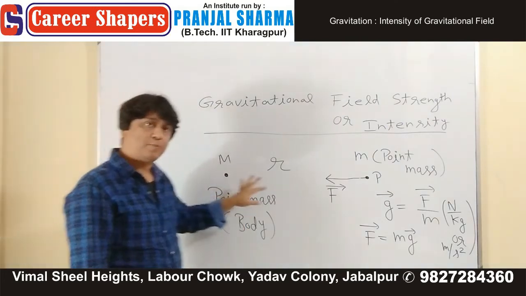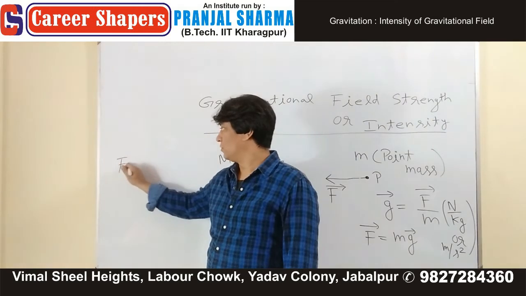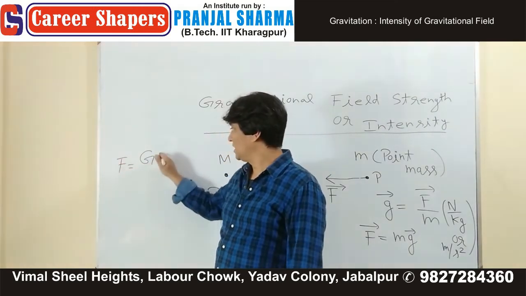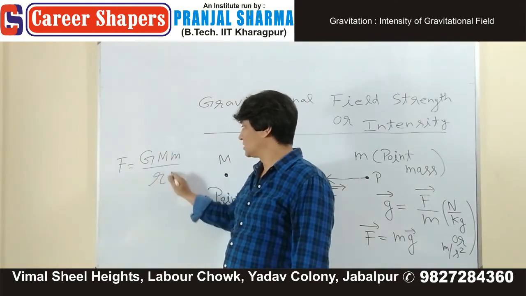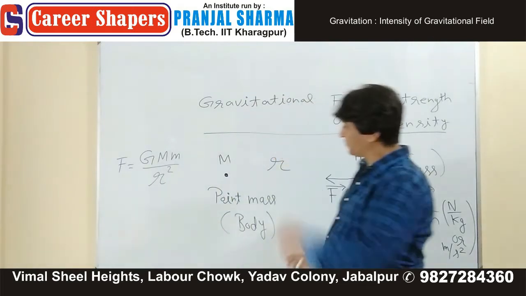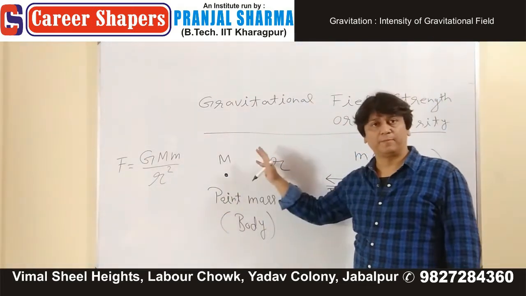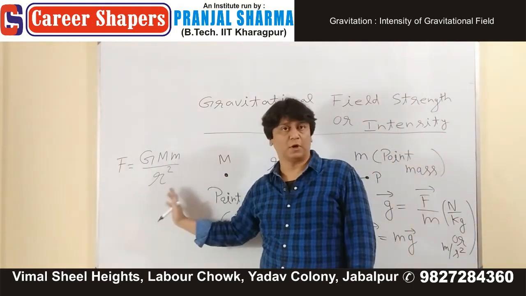If they both are point masses, then what is force? Force, first in the magnitude form, it will be GMm divided by r square. In the original example, when I had an irregular shape, we cannot use this formula.